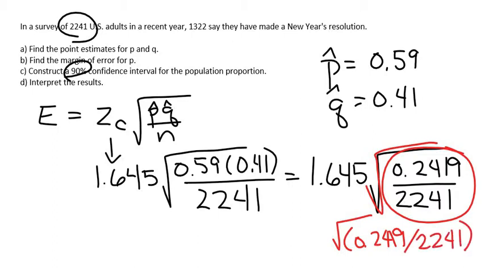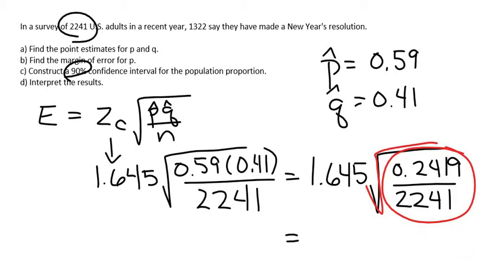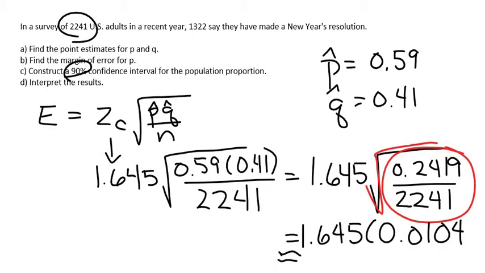That way it makes sure it takes the square root of all of that. So this is equal to 0.0104. So my margin of error is 0.017.